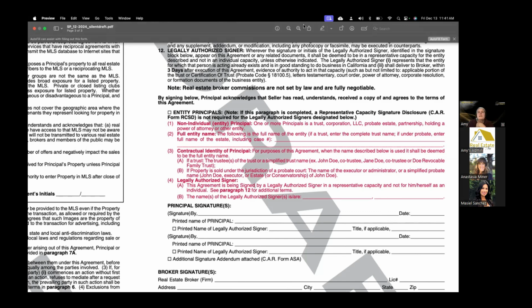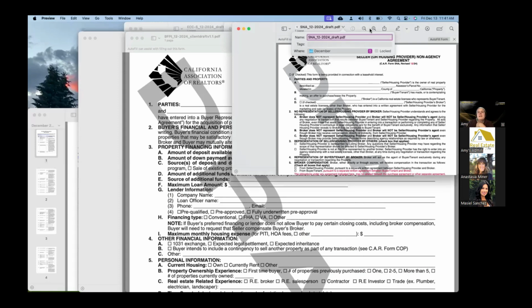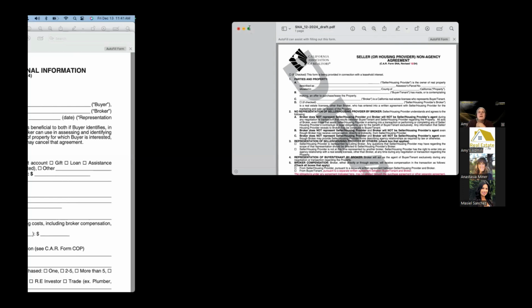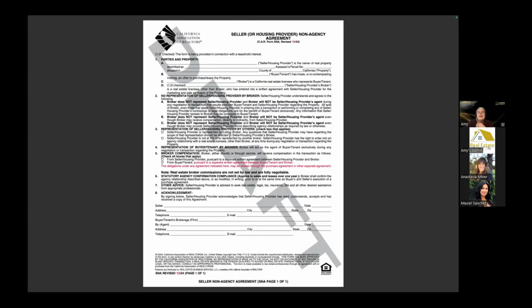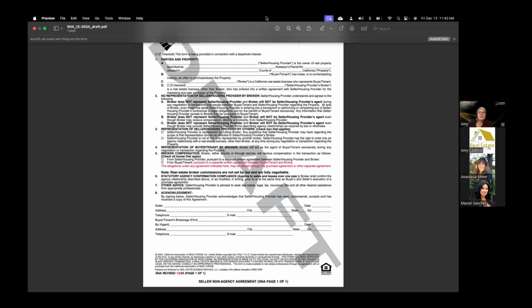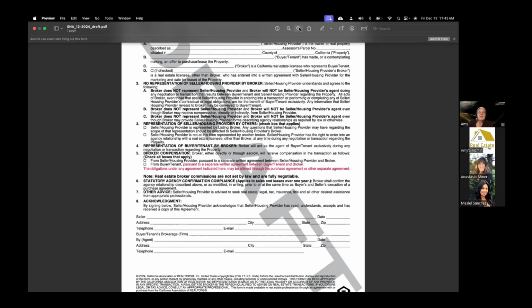All right, the next one is our SNA form. I'm just figuring out how to make it bigger. That's our non-agency agreement, so this would be our seller non-agency agreement. And they just made a change down here at the bottom. I'm blowing it up for you guys.